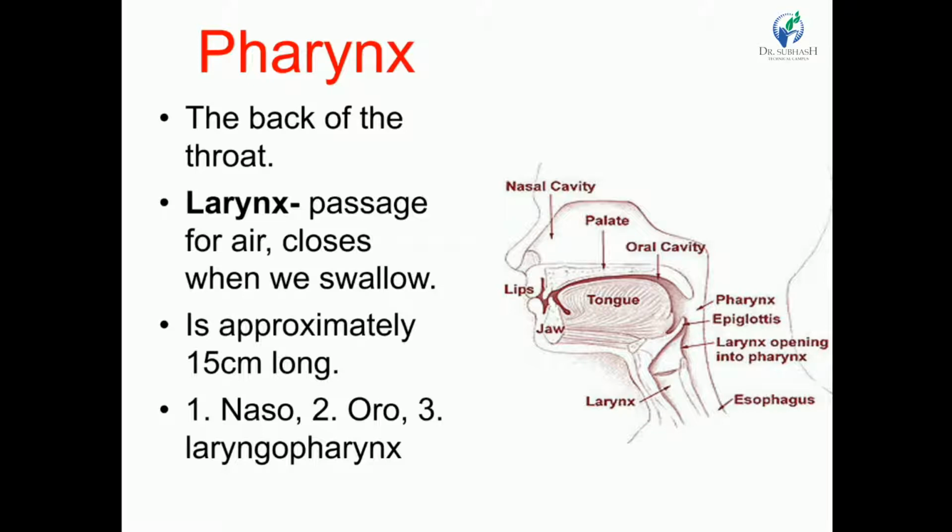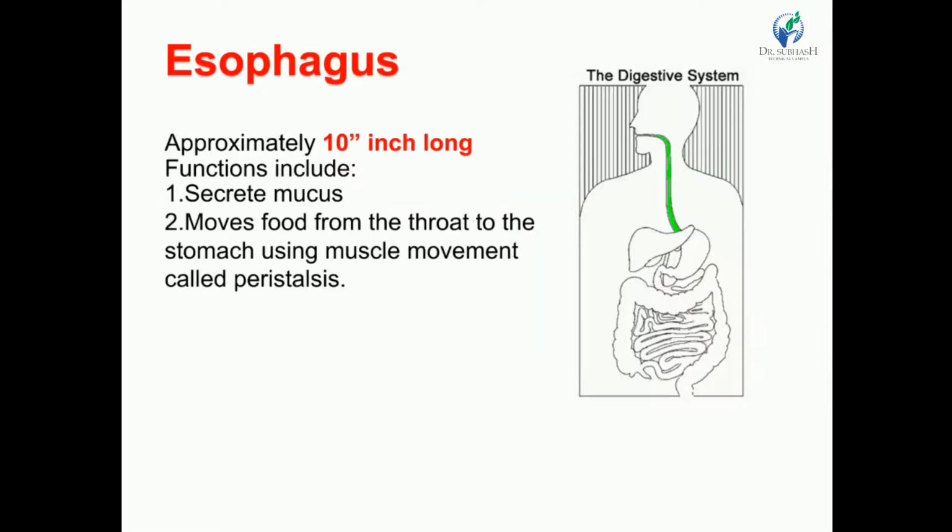Whenever we breathe, the epiglottis is in a straight form, whereas when we consume food, the food material pushes that gate, the epiglottis, downward, and it will be in a curved form so that the food material may not enter the larynx. Its size could be 15 centimeters, and its divisions are the nasopharynx, oropharynx, and laryngopharynx.